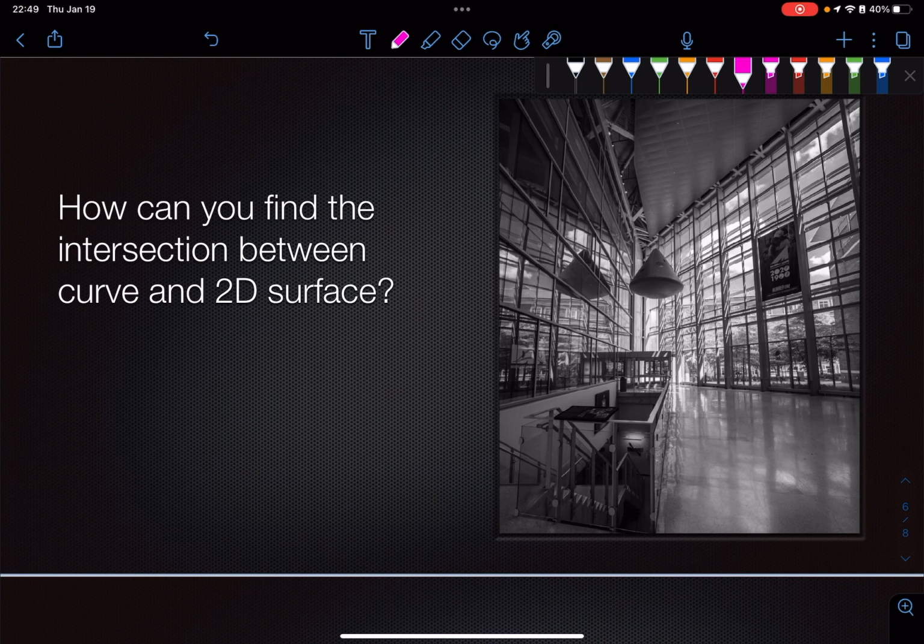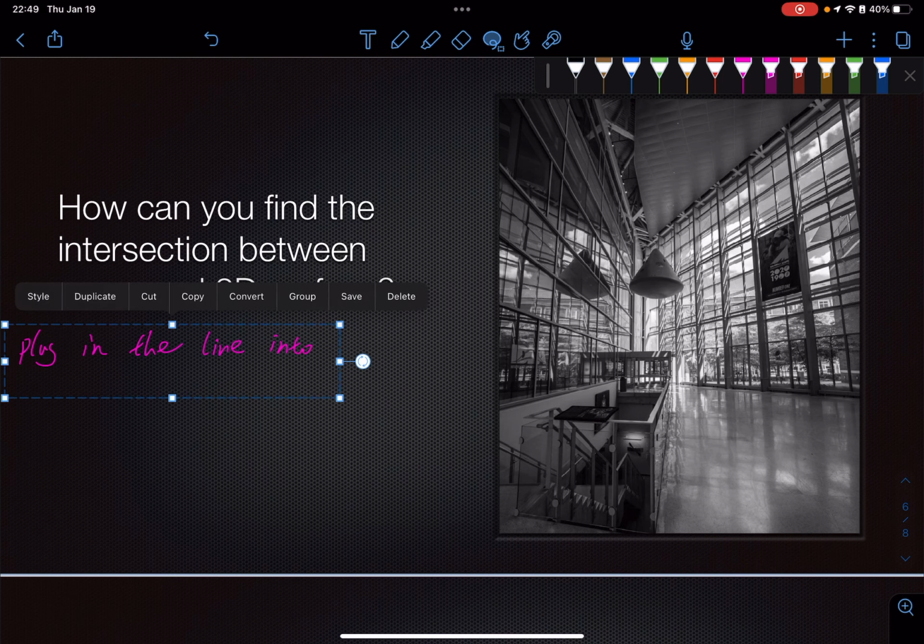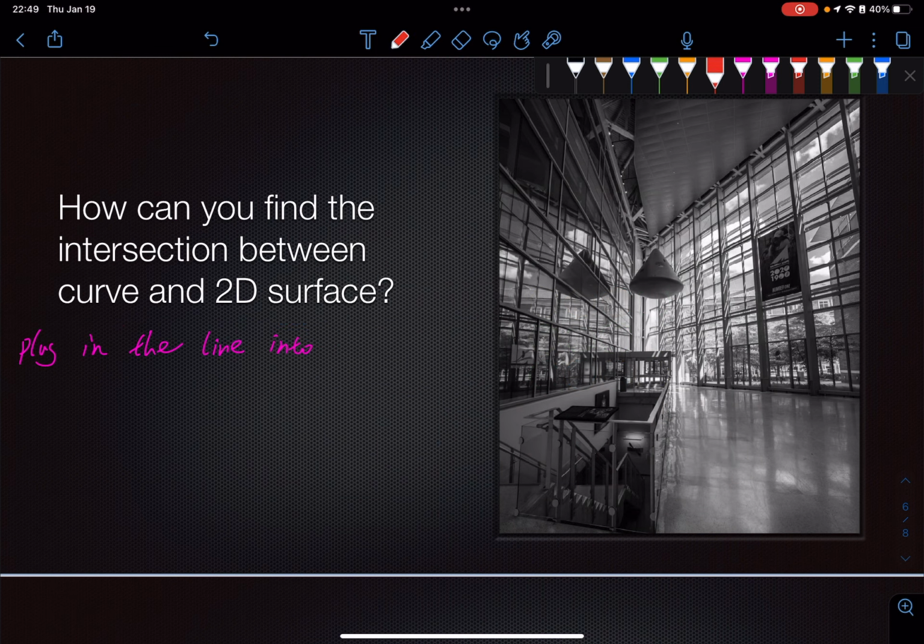So remember the mnemonic technique that I have taught you before: plug the line into the plane. I'm gonna shrink this down a little bit. Right, plug the line into the plane.